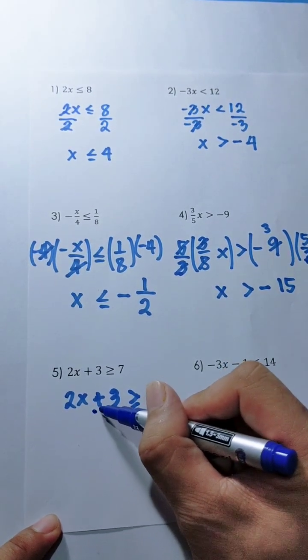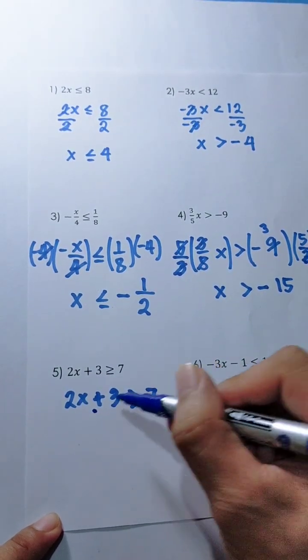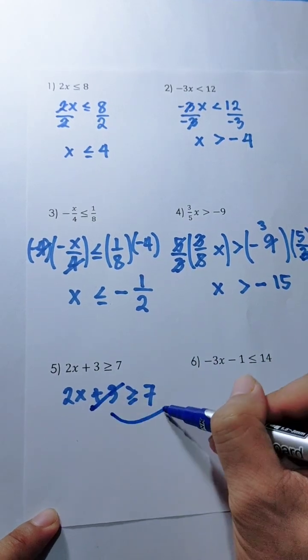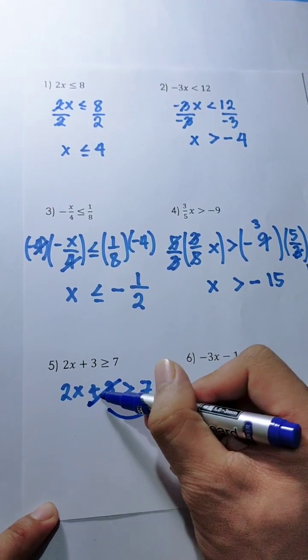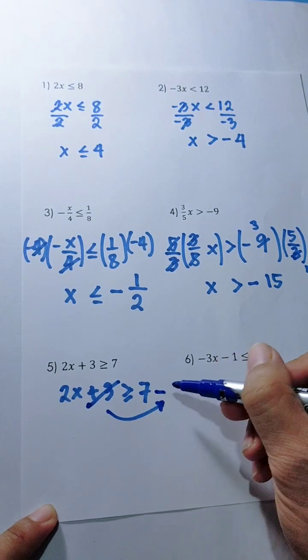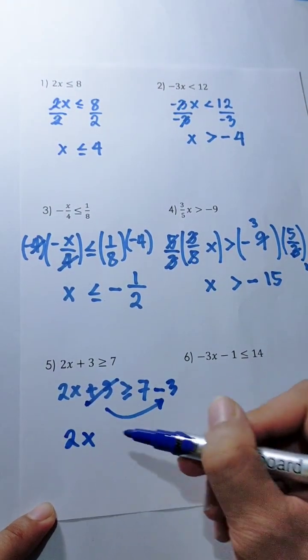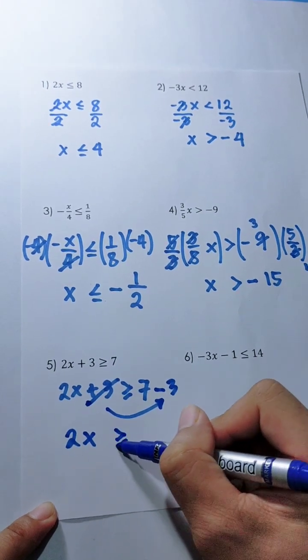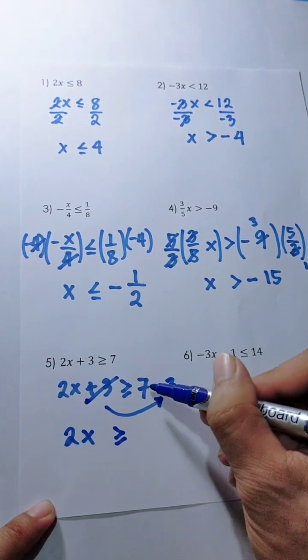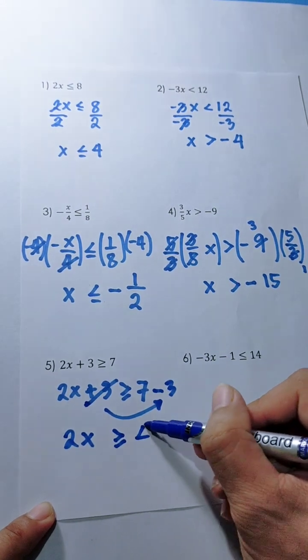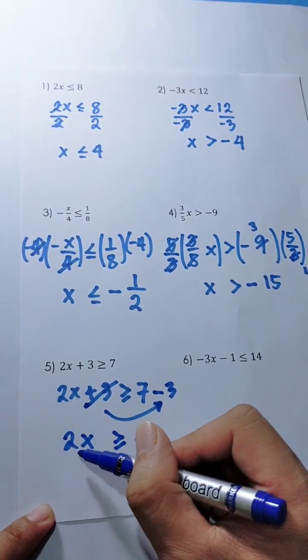We transfer positive 3 to the right hand side. When you transfer it, the positive 3 will become negative 3. Seven minus 3 is 4. We're down to one step.